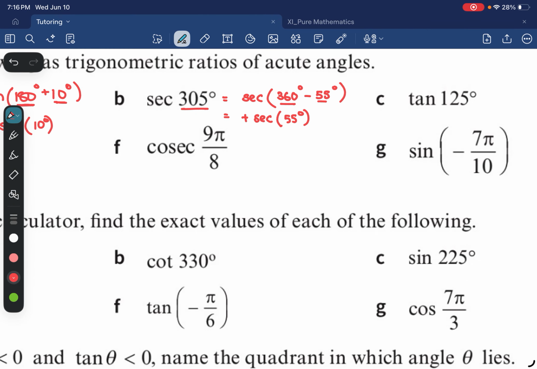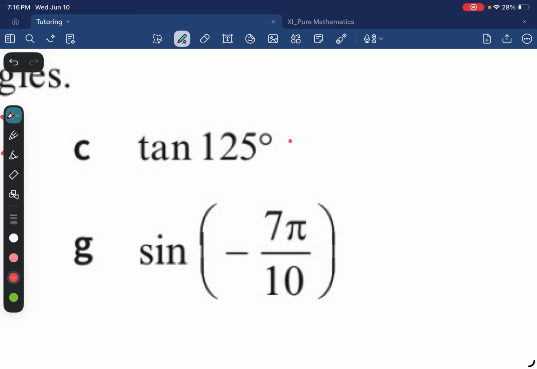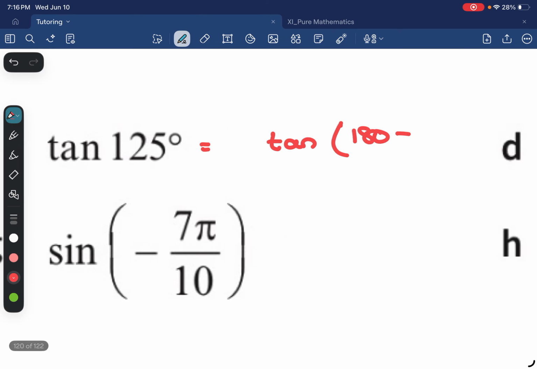All right. Tan 125. How do I write this? Tan, it's going to be 180 minus, is it 45? No, okay. 180 minus 55, I think. Yeah, 180 minus 55, right? So always in terms of 180, 360, so that I get an acute angle.